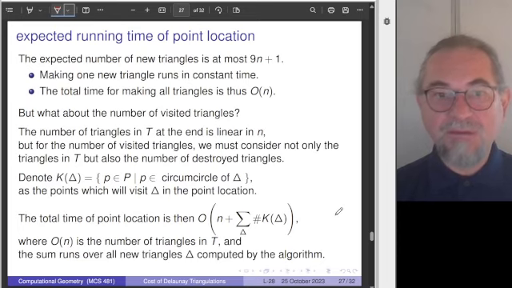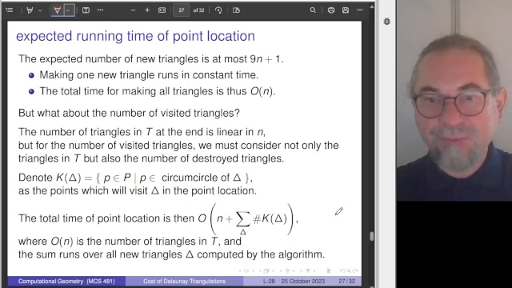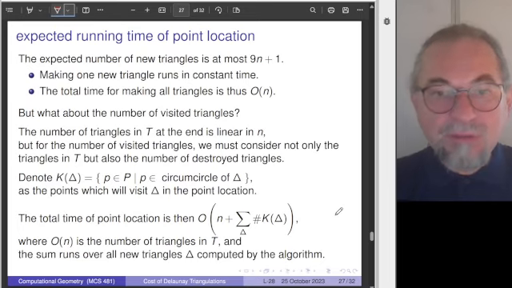So how many triangles do we actually visit? Also, we have to take into account it's not only the new triangles that we compute, but we also destroy triangles.